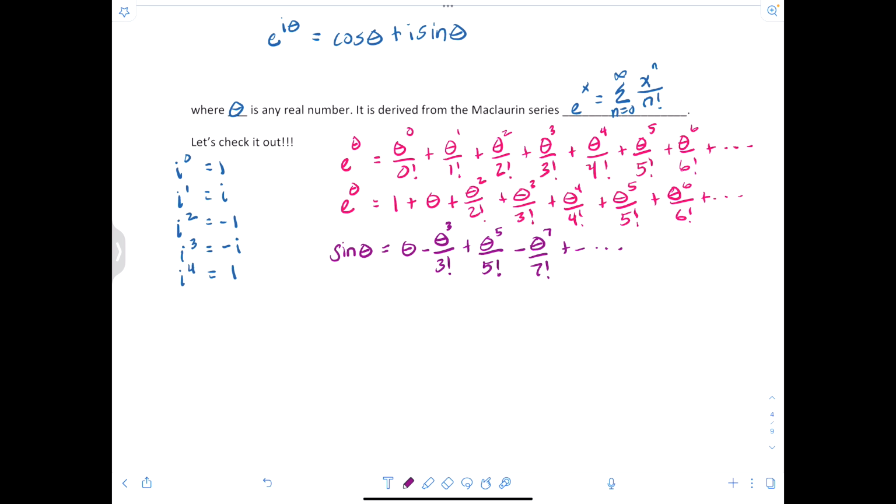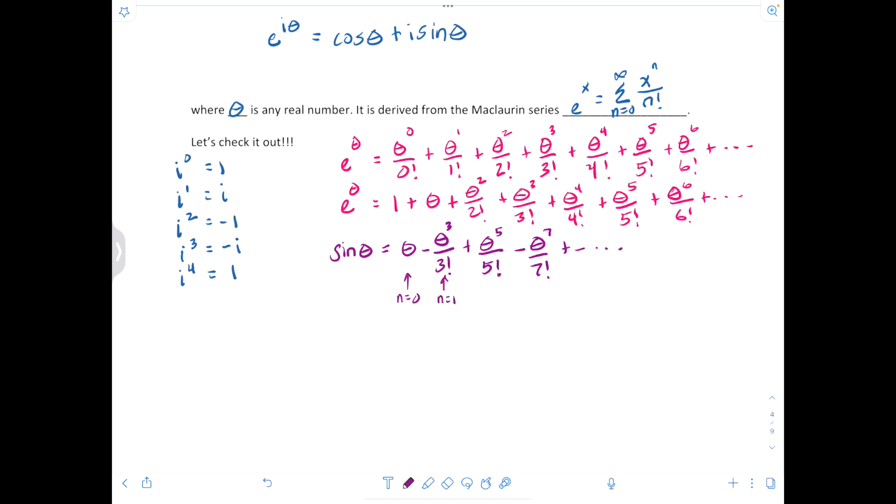Along with the odd factorials, and the signs alternate. So this would be term 0. So that's n equals 0.